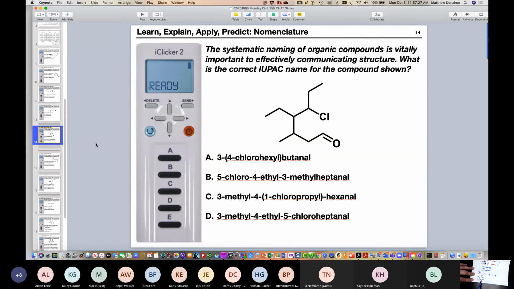I've moved it here. So the numbering of this chain stays the same. So the carbonyl, instead of being at 1, it's now at position 2. If it's there, what's the main functional group present now?